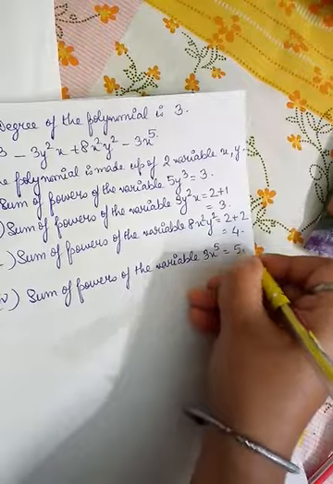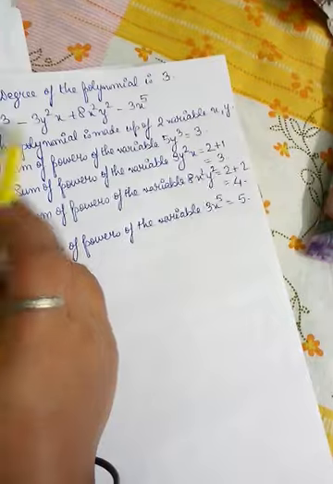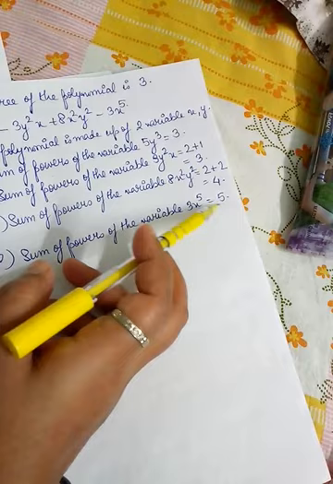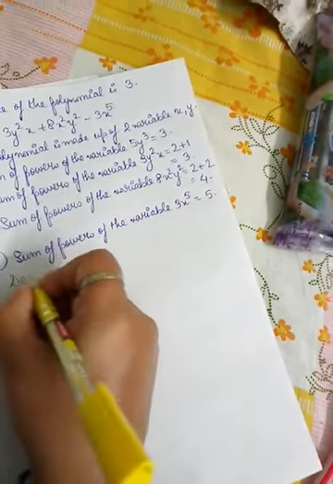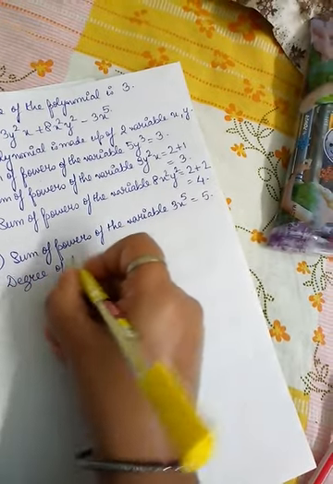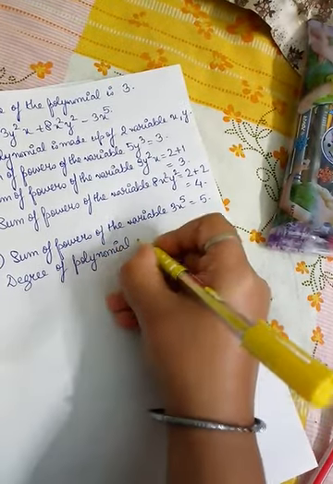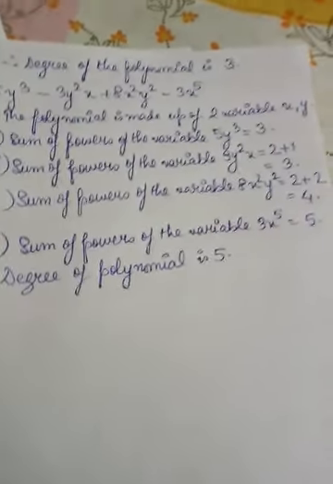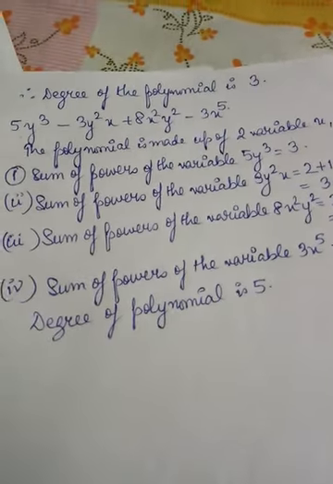So this is 5. After we have found the sum of the powers of each term, next we will compare which is greatest. We see that the greatest is 5. So we will write: degree of polynomial is 5. The sum having the greatest value will be the degree of the polynomial.